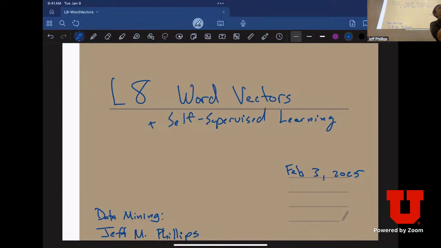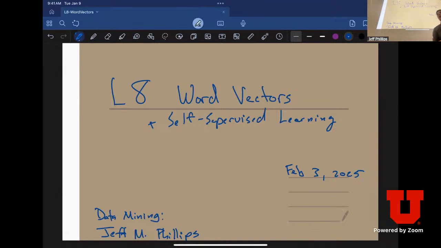Okay, and so these word vector embeddings and this approach of self-supervised learning have not just had impact on how we model language, but also on how we represent and model, without explicit supervision, a large amount of other data as well.